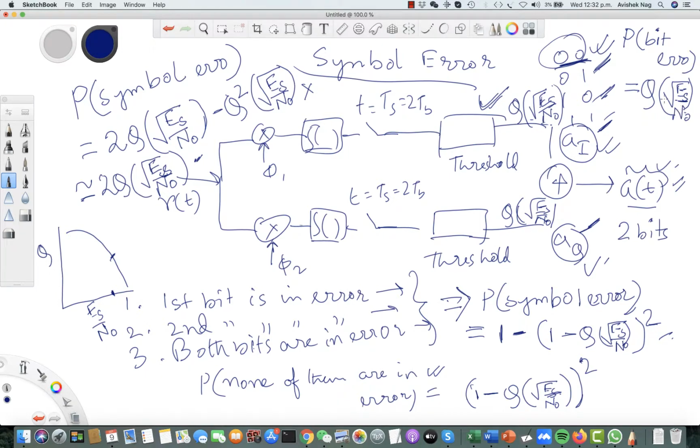Okay, so this is Q of square root of Es by N0, and this is twice Q of square root of Es by N0.